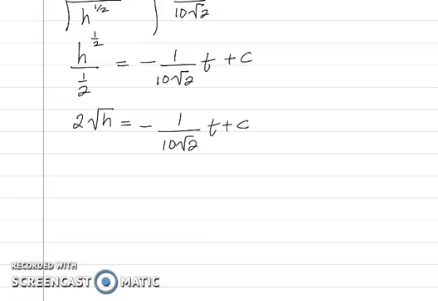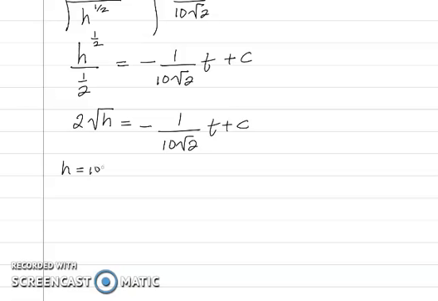Now I'm going to apply the first boundary condition so that I can determine the value of c. The first boundary condition is that when t is equal to 0, h is 100.